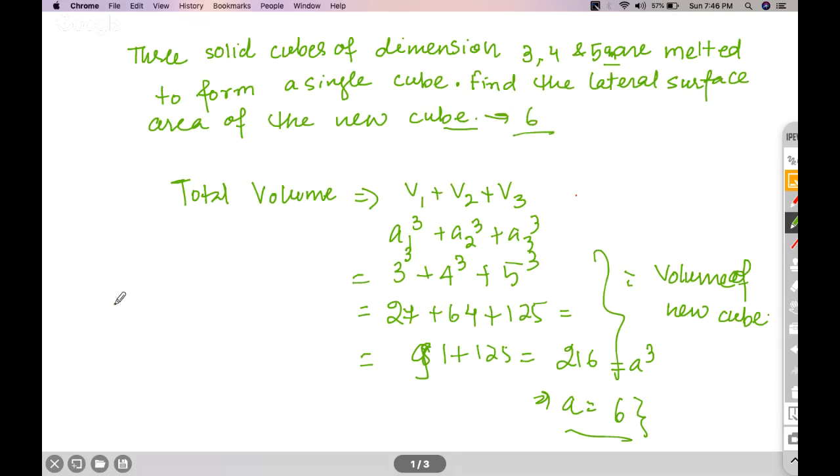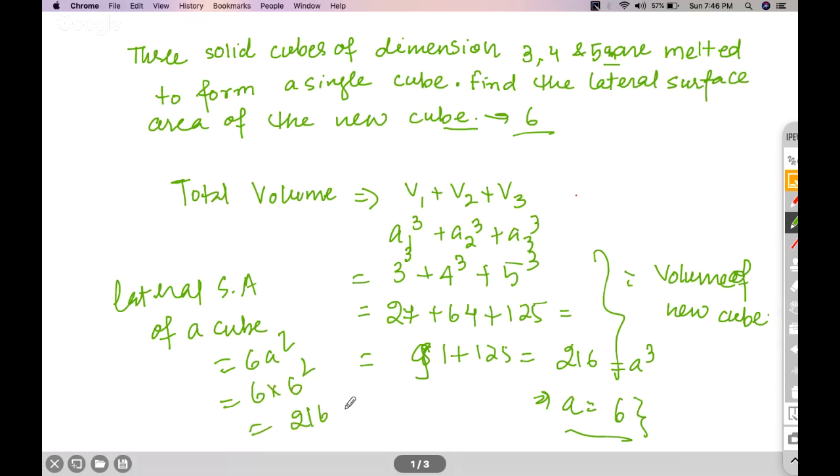So the lateral surface area of a cube is 6a square, which is 6 into 6 square, which gives me 216 centimeter square. Oh, it is asking not total surface area, it is asking lateral surface area.